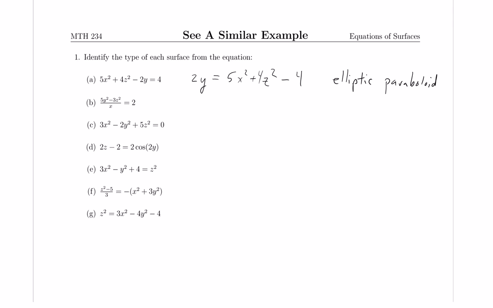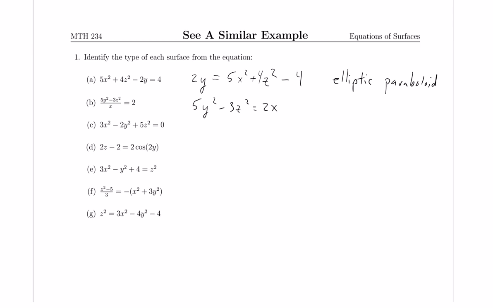Okay, so on to part B. Let's multiply everything by x and get something like this: 5y squared minus 3z squared equals 2x. And again, I said my rule of thumb was to minimize minus signs, but here I'm not going to do that because it already looks like something familiar.